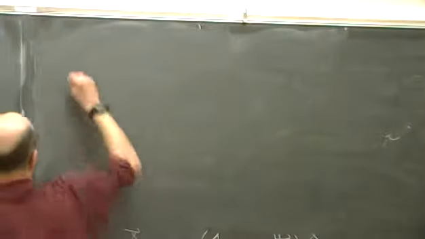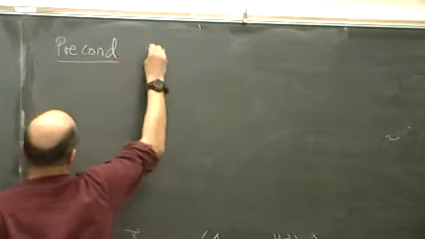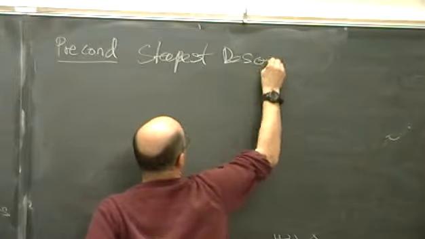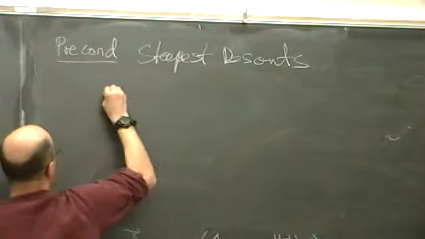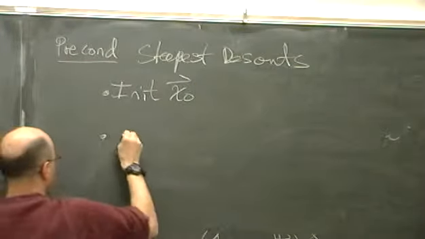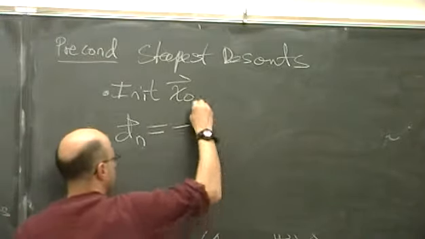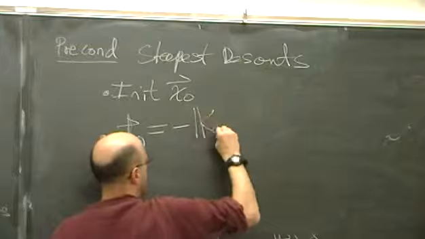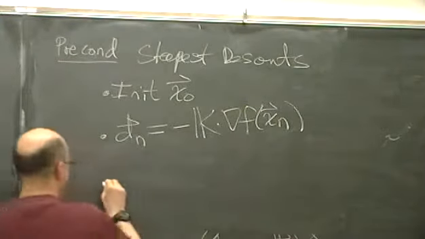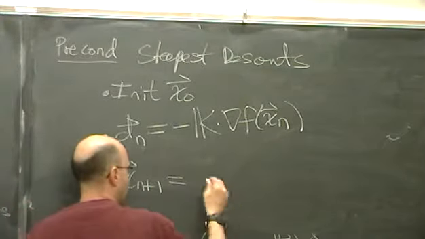And this is known as preconditioning, or I would call it preconditioned steepest descents. And the algorithm looks like this. Have some initial guess. You compute now a search direction, which isn't necessarily your gradient, but it's minus this preconditioned gradient, K multiplied by your gradient at that point. And then you step along that direction.